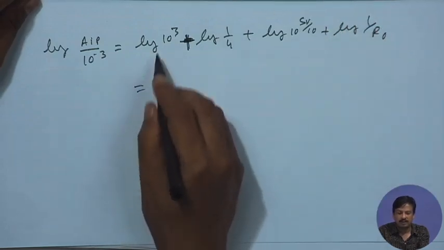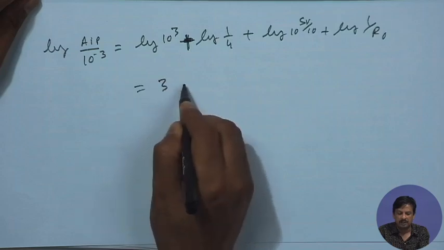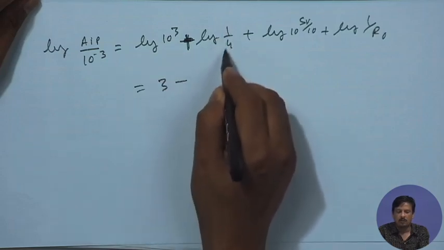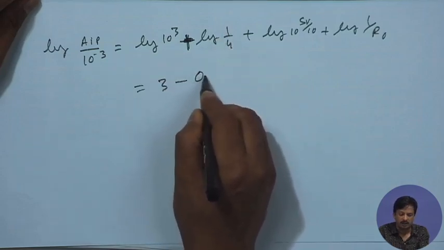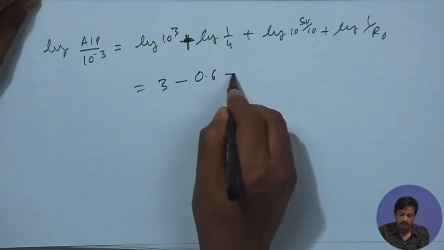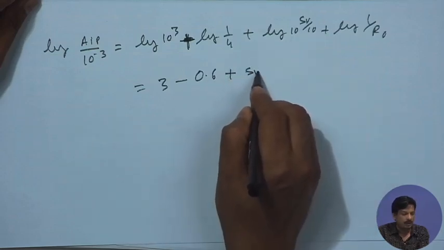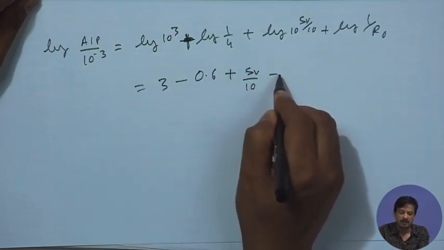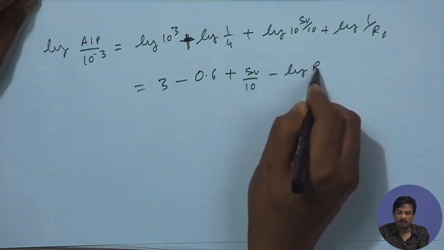So, log of 10 to the power 3 is 3, plus log of 1 by 4 is nothing but minus 0.6, plus SB by 10, and minus log of R0.